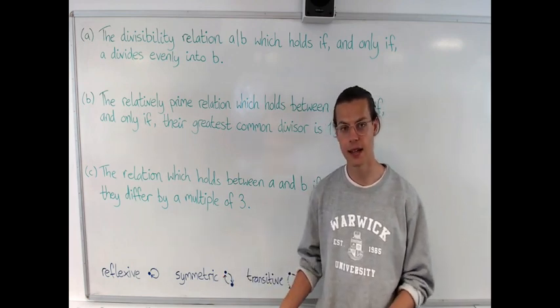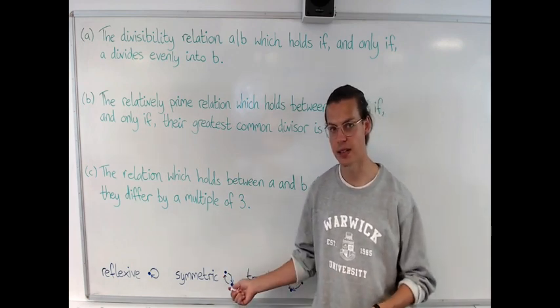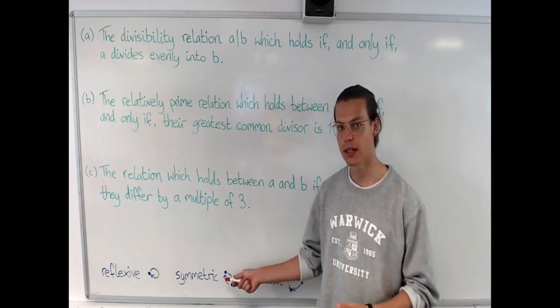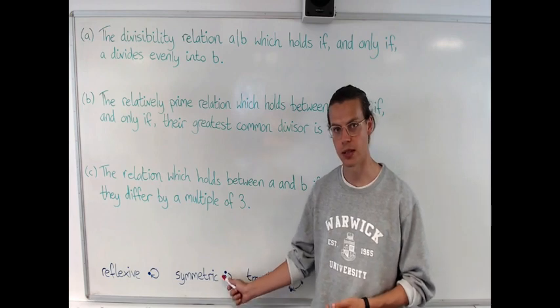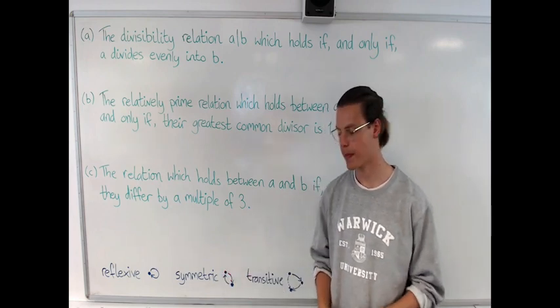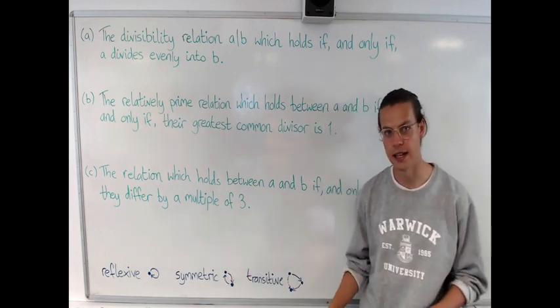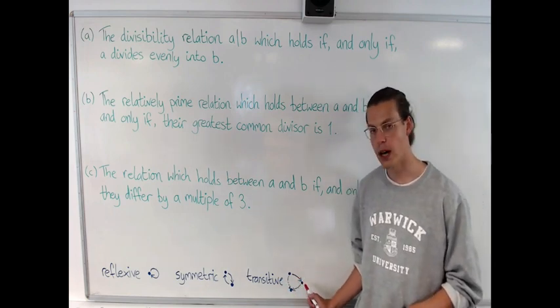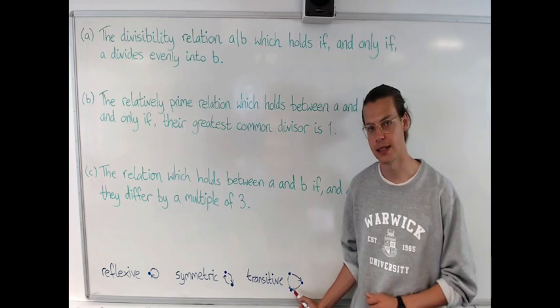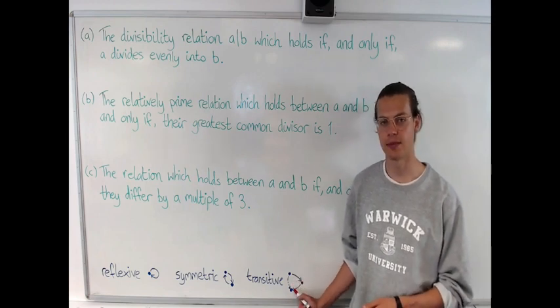And the relation is antisymmetric if this is never the case, if no two different elements of the set are related to each other in both directions. And a relation is transitive if whenever x is related to y and y is related to z, x is related to z.